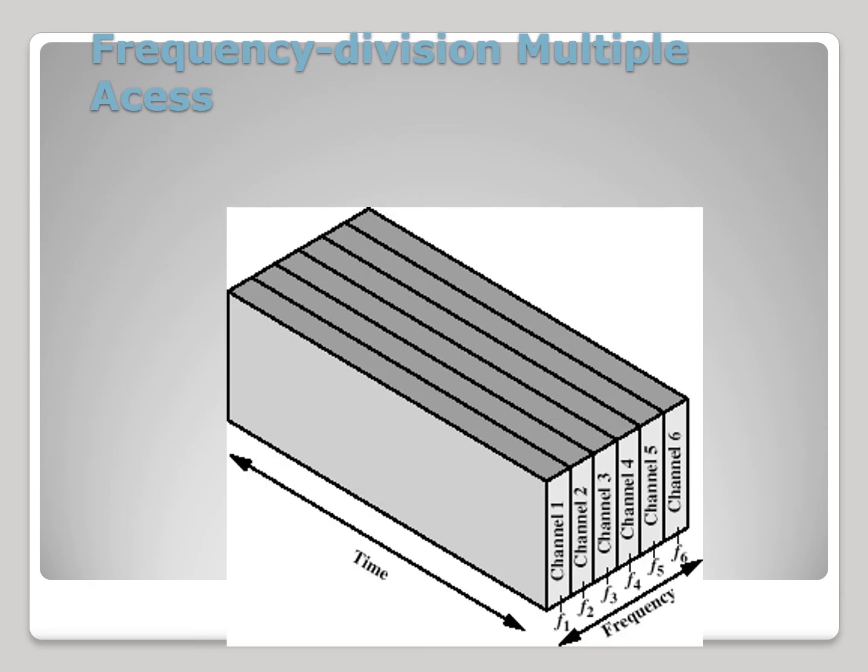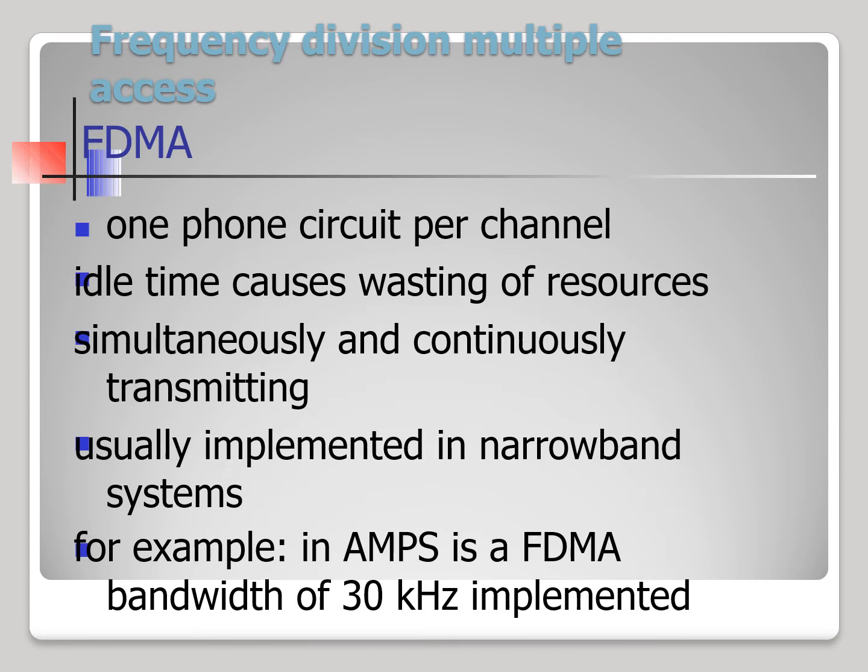So we have already seen the symbolic representation of frequency division multiple access. The frequency axis, the total spectrum, is divided into different subbands, and those subbands are named channels. Each user is allotted with a channel, and that user can use that channel for communication.